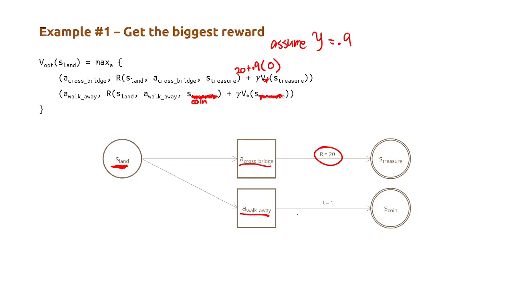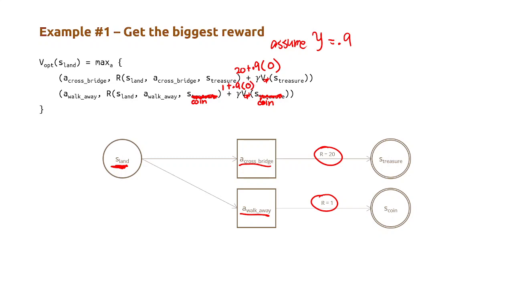The arrow of walk away is pointing to S coin. So what's the reward of S land, walk away, S coin? It is 1 plus 0.9 times V opt of S coin. It is 0 because it is a terminal state.